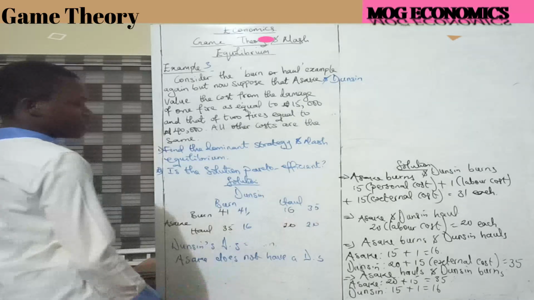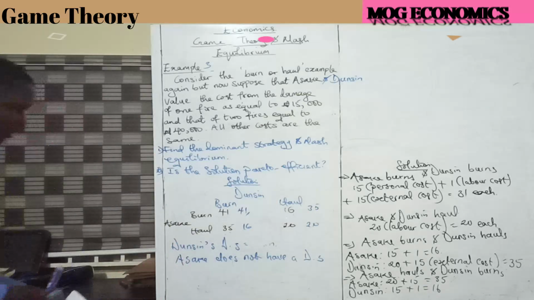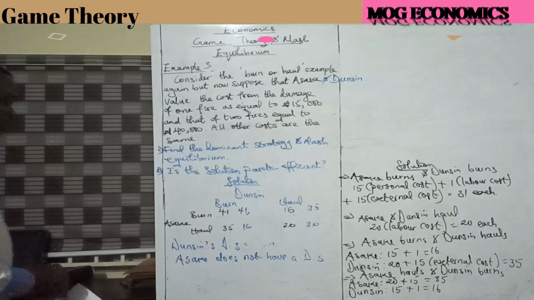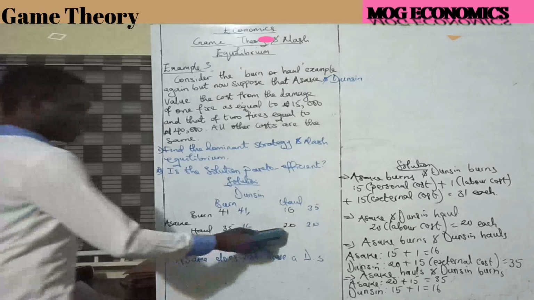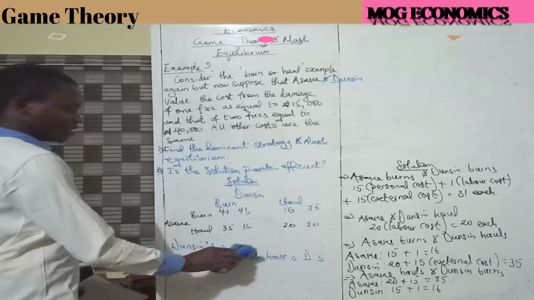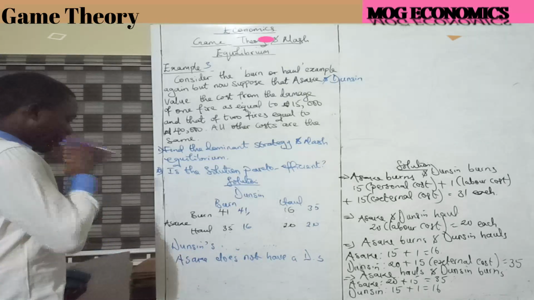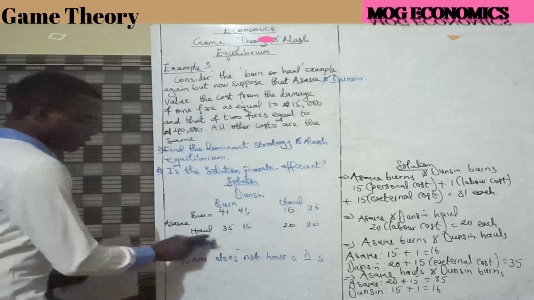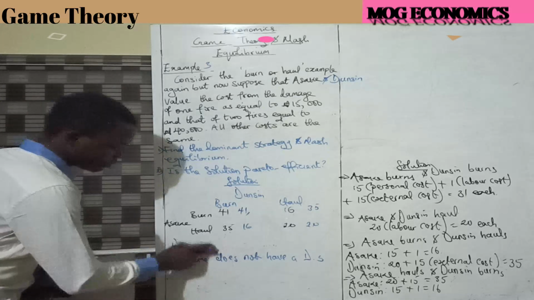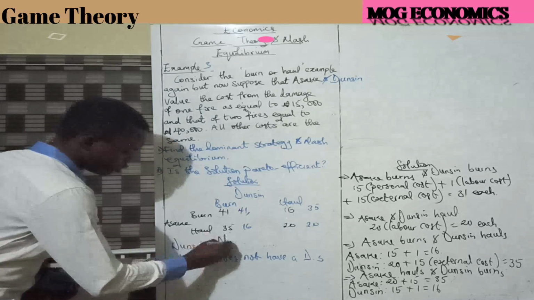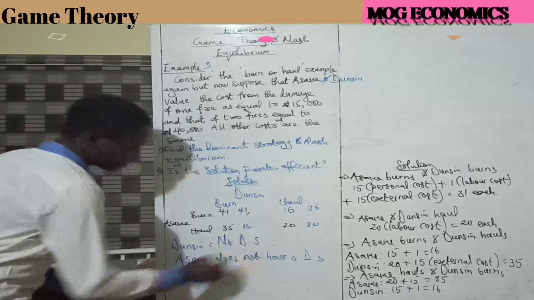So neither of the two strategies is dominating the other one. So Dunsin does not have a dominant strategy. If you don't understand it, just write them out like you did in the first video. So Dunsin has no dominant strategy.